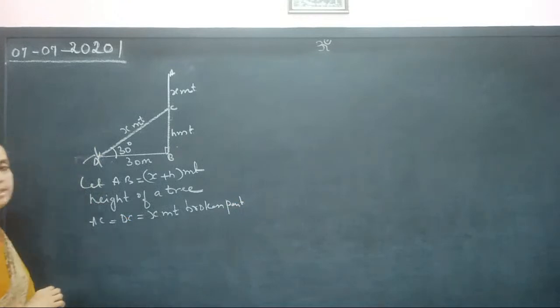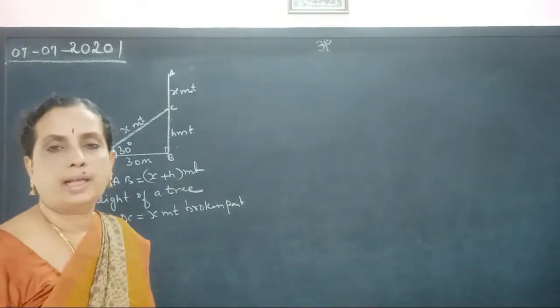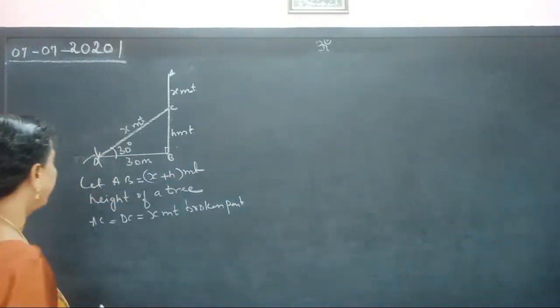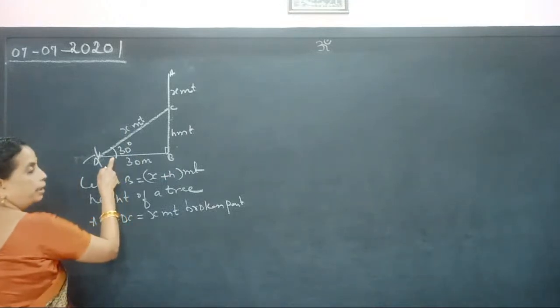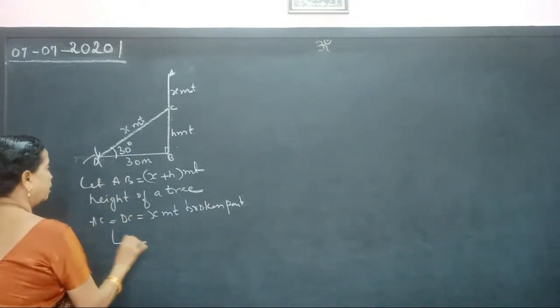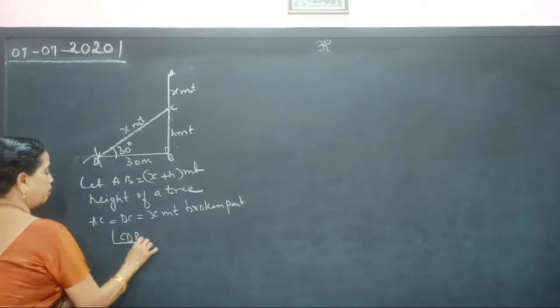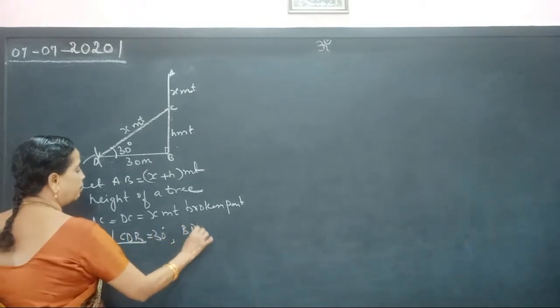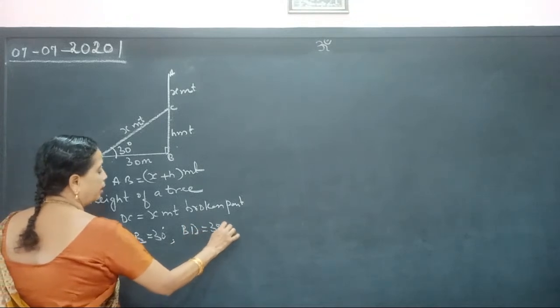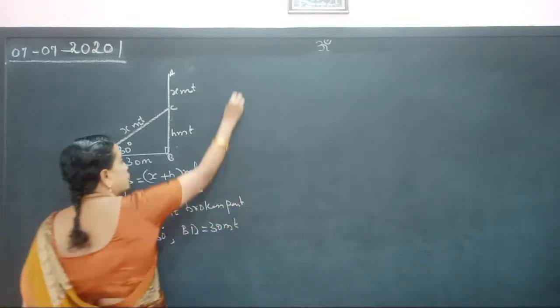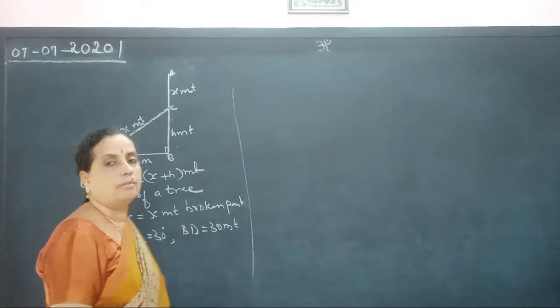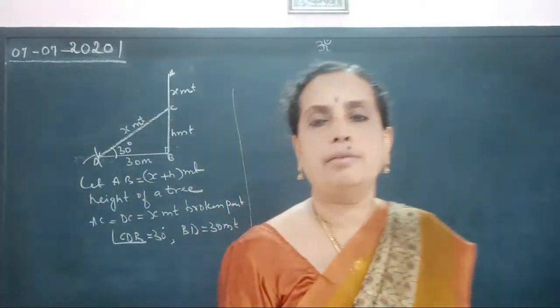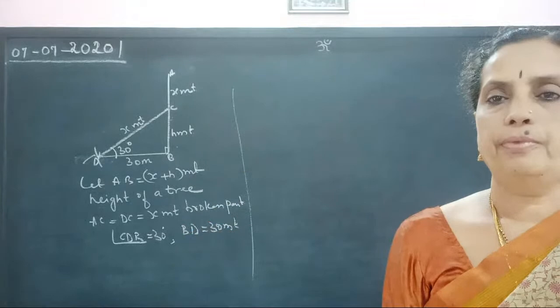What height it has been struck, that has been laid down making an angle of 30 degrees. Angle CDB equals 30 degrees and BD equals 30 meters. This is the description of the figure with respect to the statement given in the problem.